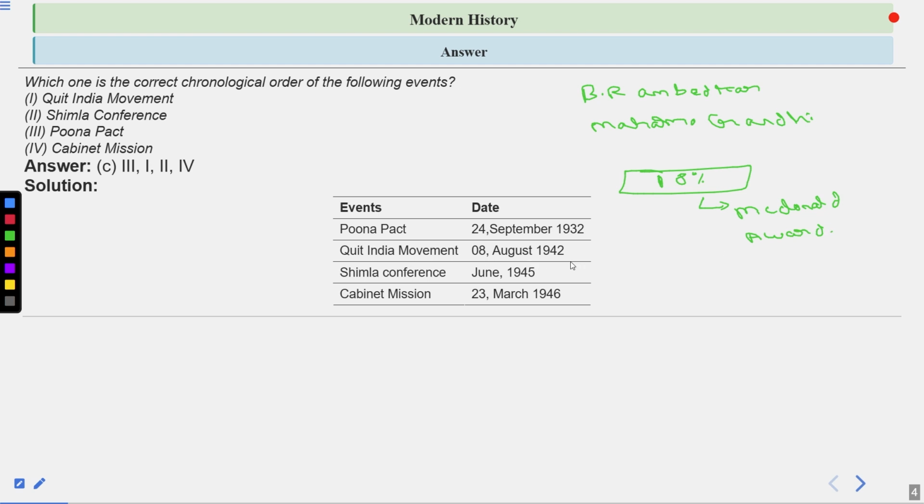The Quit India movement was launched in 1942 against the Britishers when the World War II was going on. The World War II was going on from 1939 to 1945. The Shimla Conference was conducted in 1945 to bring the Muslim League, Hindu Mahasabha, and Indian National Congress together in order to decide the Constitutional Assembly and get a peace with India.